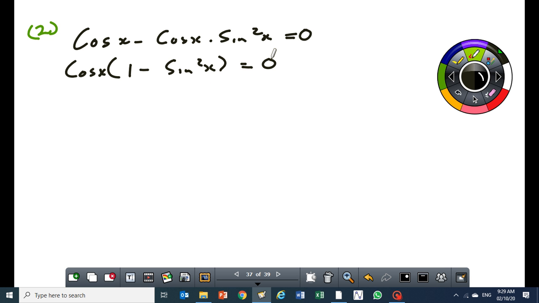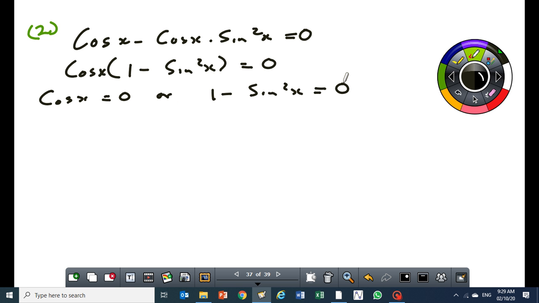Can you pay attention? Okay? Then we equate each factor to 0. So the first one will be cos x equal to 0 or 1 minus sine squared x equal to 0. This one here, if we take the minus sine squared to the right, you get 1 equal to sine squared x.